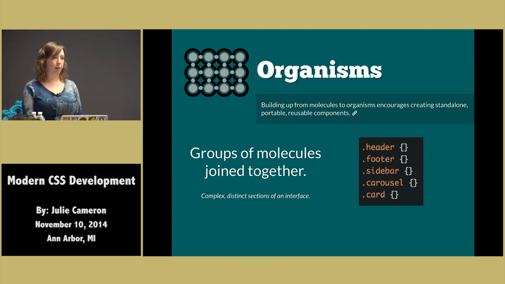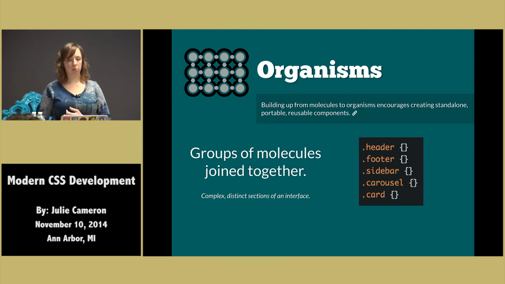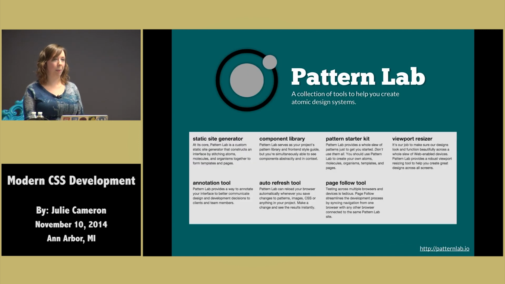Organisms, the next step up, then group these molecules together to form bigger, complex sections of an interface. Things like headers, footers, sidebars, etc. Now, atomic design is not just a methodology for writing CSS. It's actually part of an entire design system called Pattern Lab, which is a collection of tools that do all of the things.